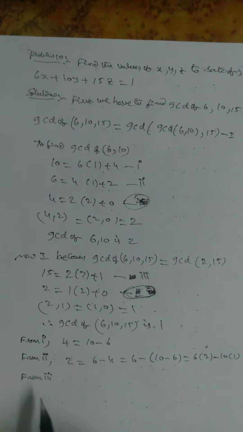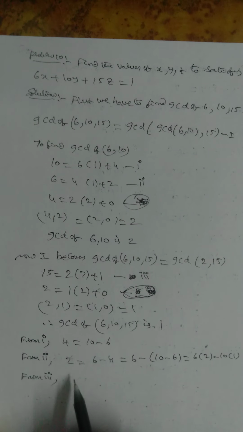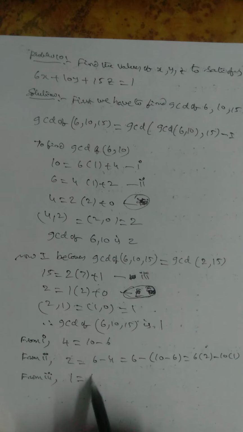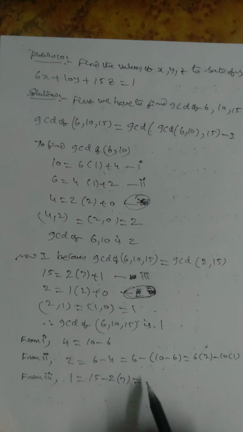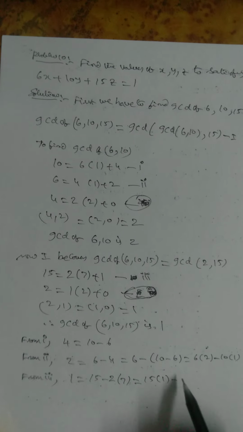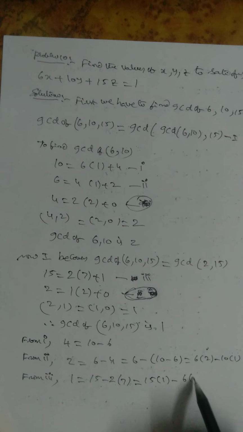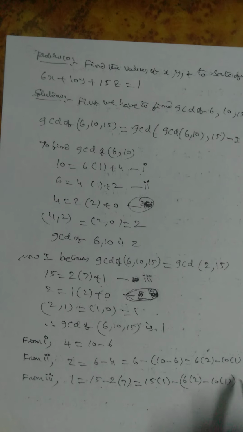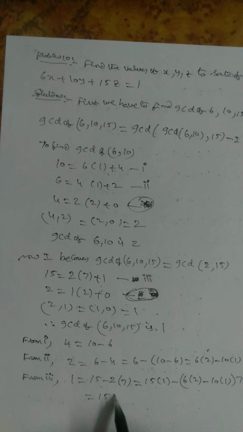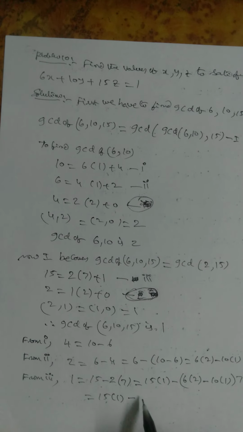1, 2, 3, that's all. From 3, 1 is equal to 15 minus 2 into 7. 15 into 1 minus 2, that is 6 into 2 minus 10 into 1, into 7. 15 into 1 minus 6 into 14 plus 10 into 7.